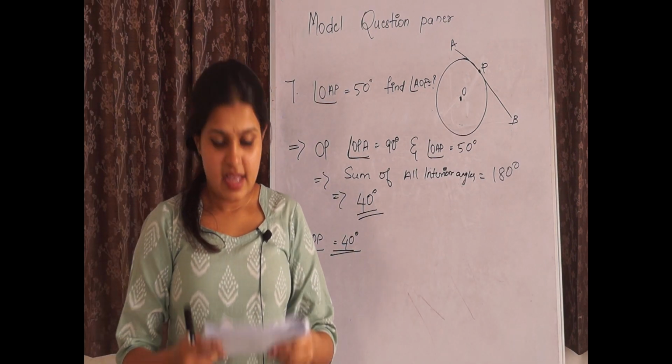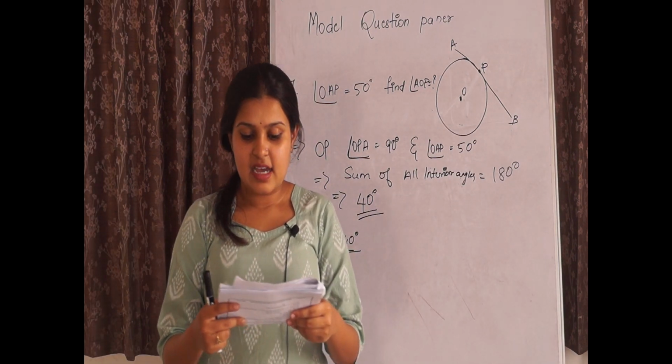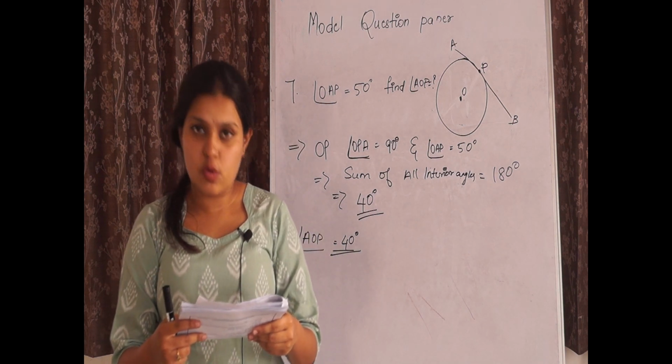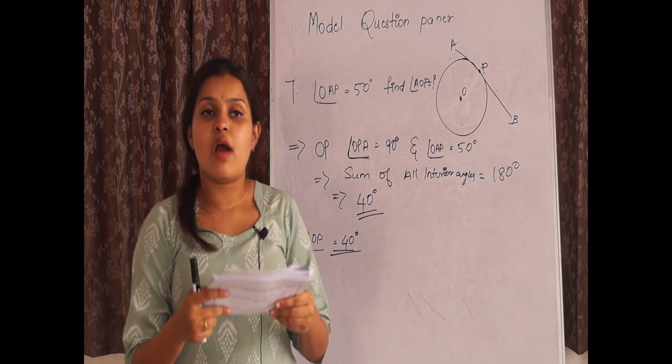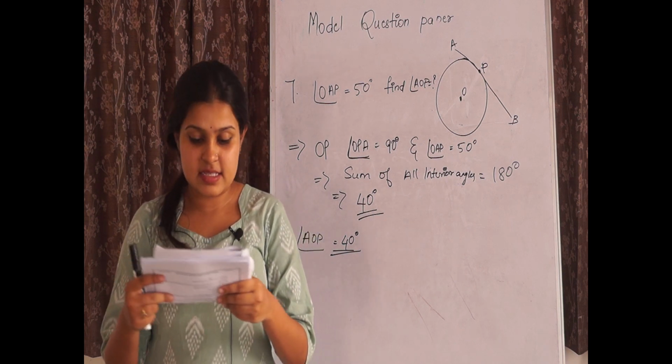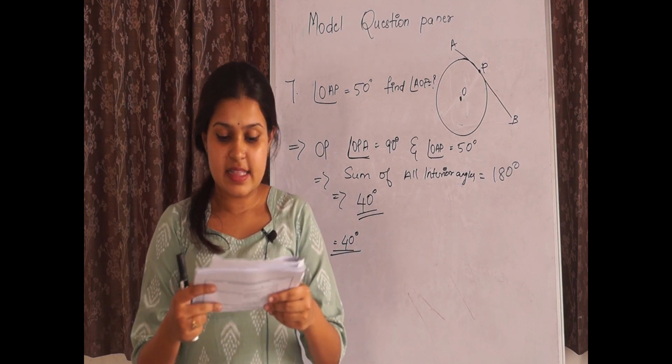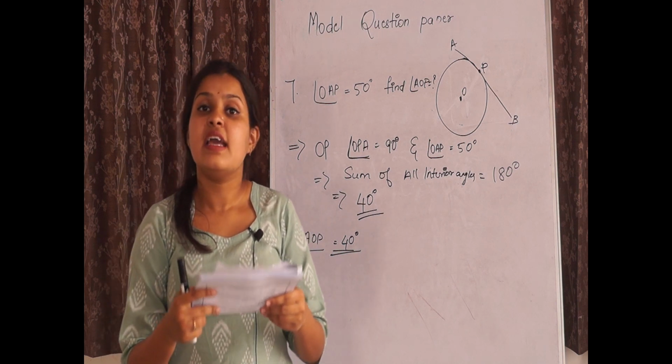In the figure, AB is a tangent to a circle with center O. P is the point of contact. If angle OAP is equal to 50 degrees, then find angle AOP.